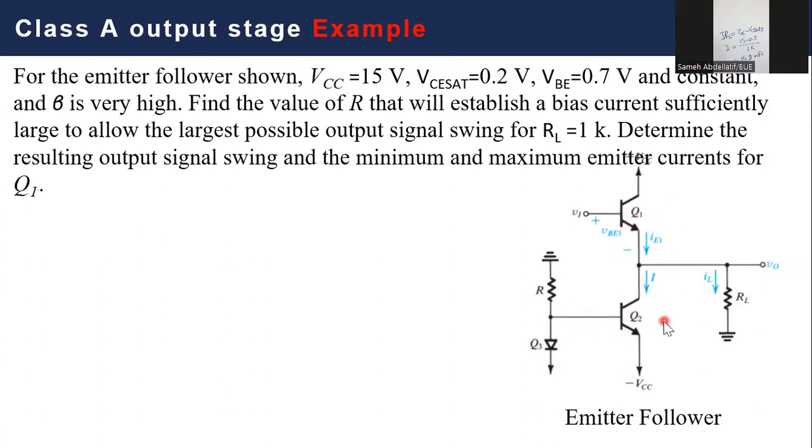We say Q1, Q2, and Q3. This is not a mistake, of course, by the author. It has some sort of meaning here. This is related to what we can call, and I think you already have some background about it, the CMOS technology.